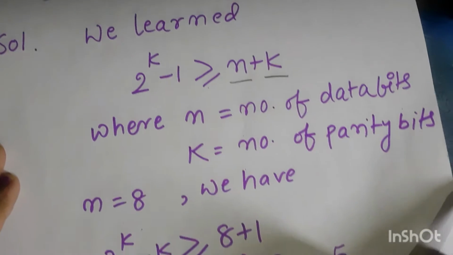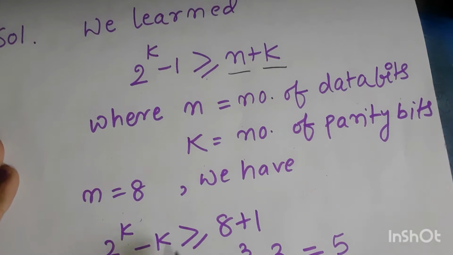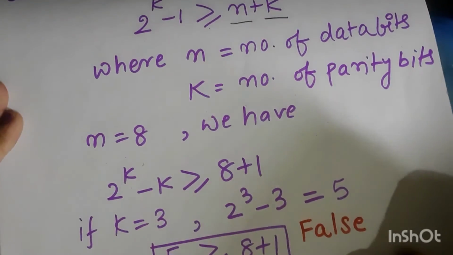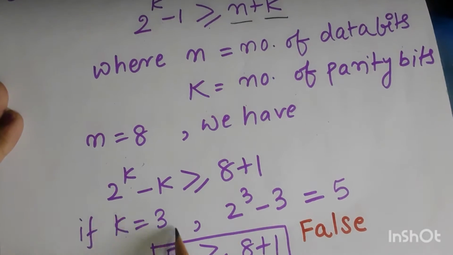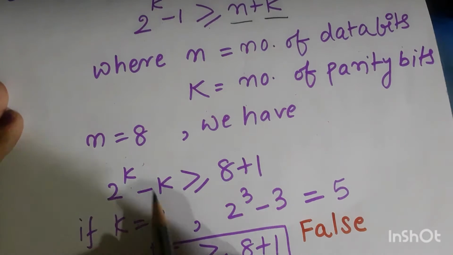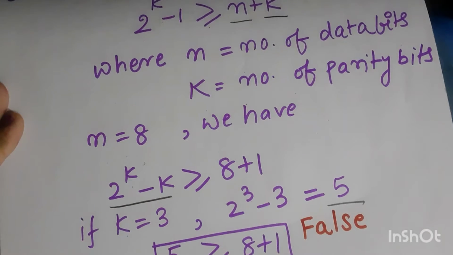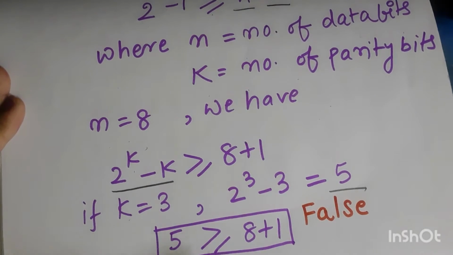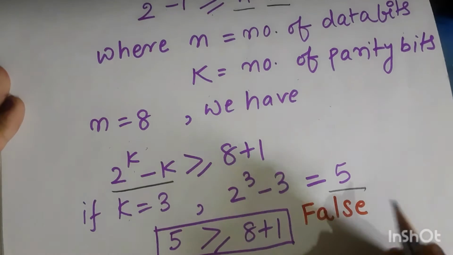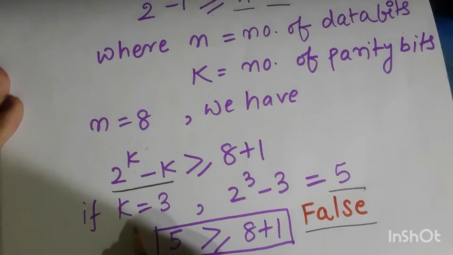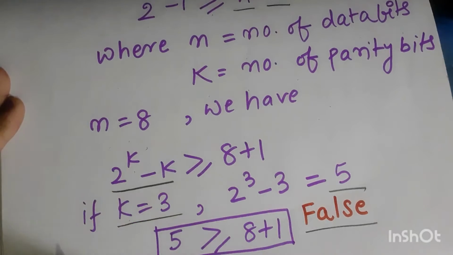We have 2 raised to k minus k is greater than or equal to 8 plus 1. Okay. Now let's assume I put the value of k equal to 3. Then this comes as 5. 5 is not greater than 8 plus 1. So this condition is false. So k cannot be equal to 3.